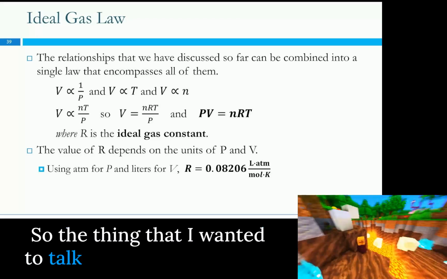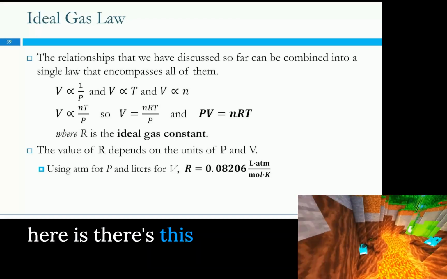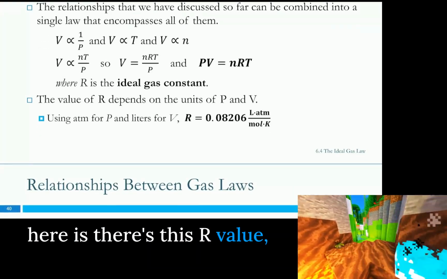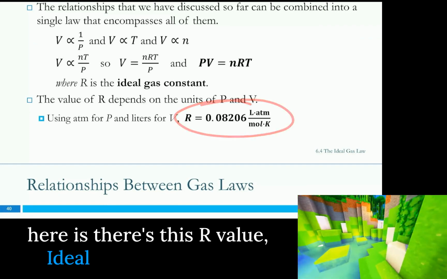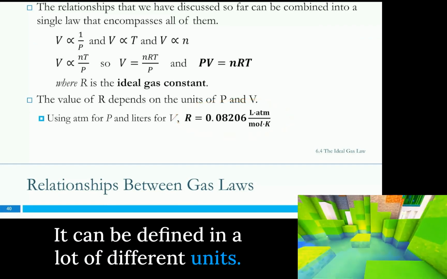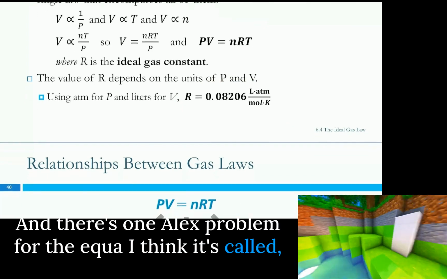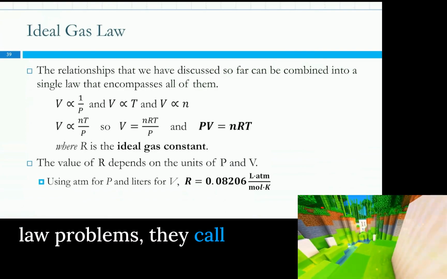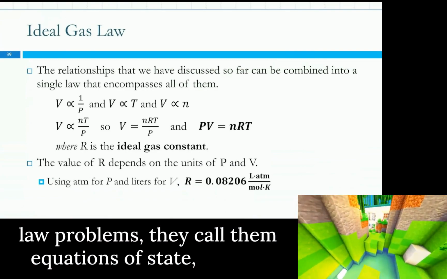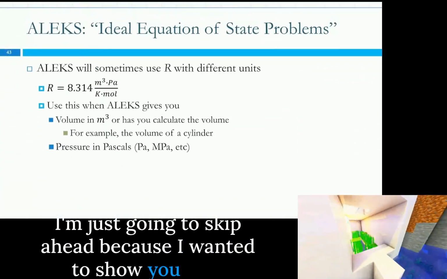So the thing that I wanted to talk about before we end here is this R value, the ideal gas law constant. It can be defined in a lot of different units. And there's one Alex problem for the, they don't call them ideal gas law problems, they call them equations of state, I think. I'm just going to skip ahead because I wanted to show you this.